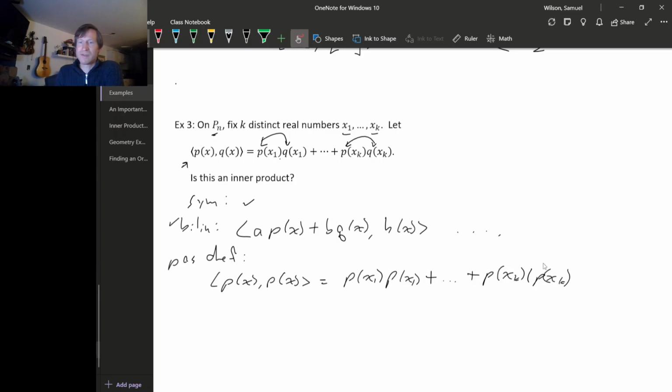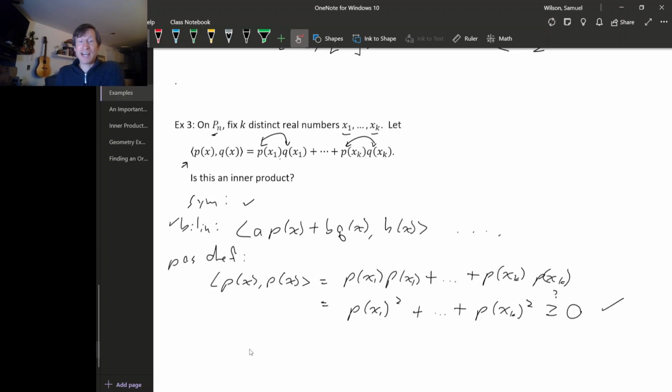Okay. And now things are looking pretty good because this is p of x1 squared plus up to p of x sub k squared. And is this always greater than or equal to 0? Well, each term in this sum is squared. Each term is a real number, so each term is a number that's greater than or equal to 0. So yes, this is always greater than or equal to 0.